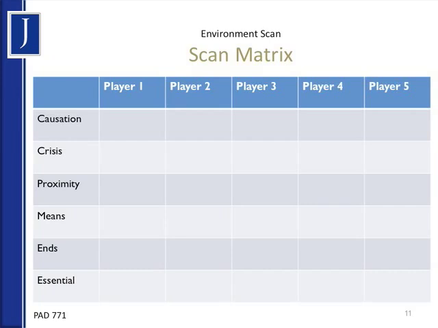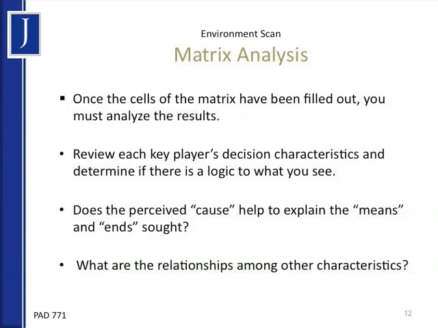In order for the size to remain manageable, the interior of the matrix can be entered in 10-point font. This part of the exercise is where you begin to carefully dissect the political environment for your client. The environmental scan matrix enables you to examine different views of different key players against each other.